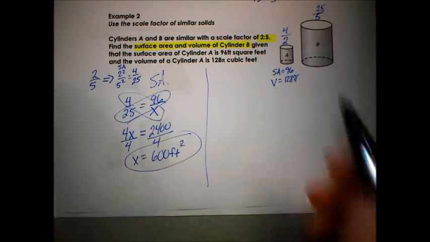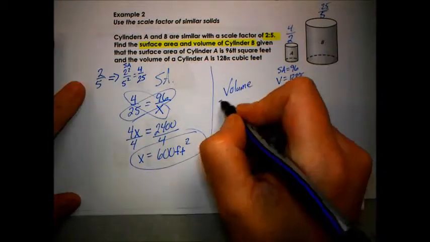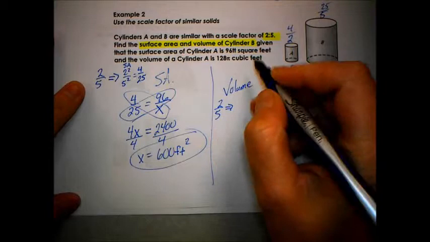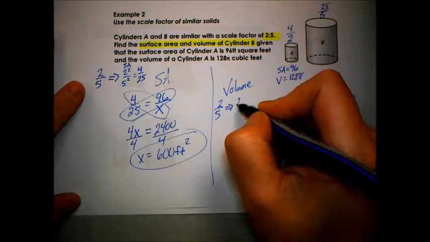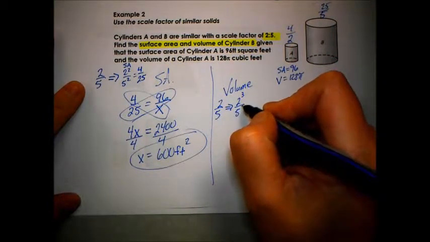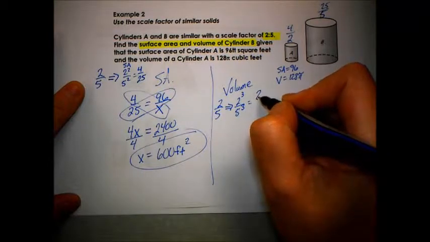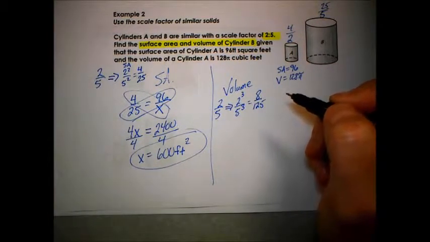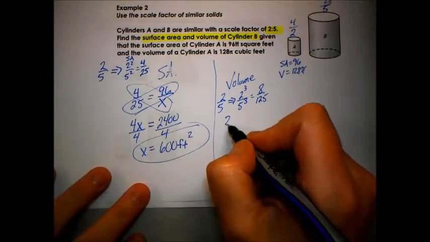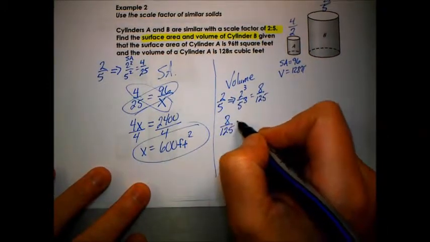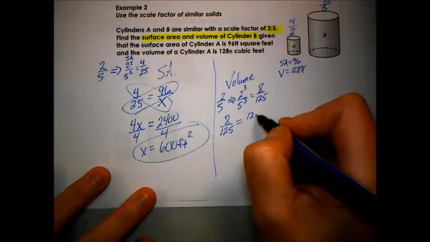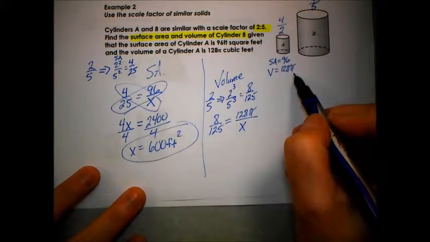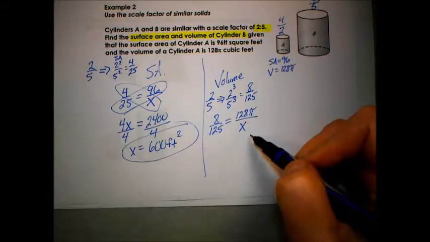If I go to the volume, I go back to my original ratio, and this time to get to volume, I'm going to cube the side ratios to come out with 8 over 125. So I'm going to use this as my proportion, and I'm going to use the volume with the pi symbol for the other side of my proportion and an x on bottom.